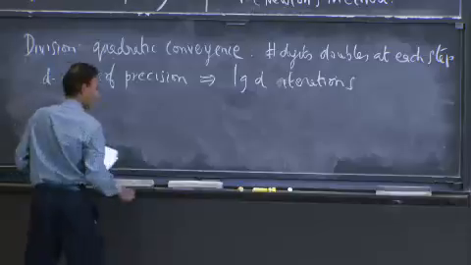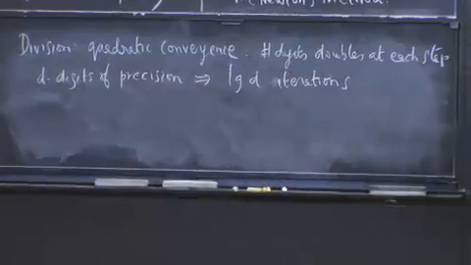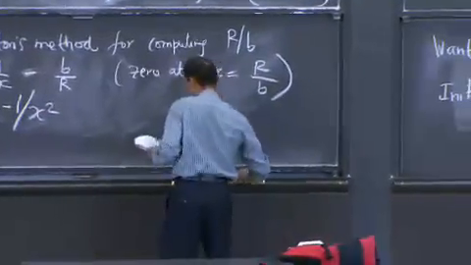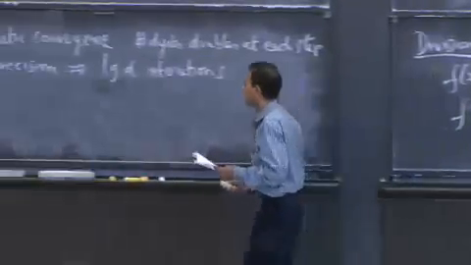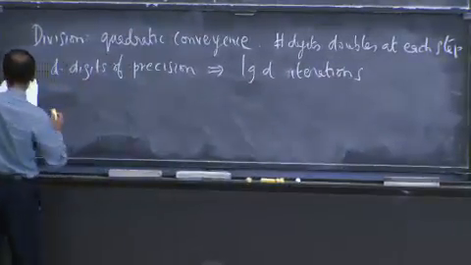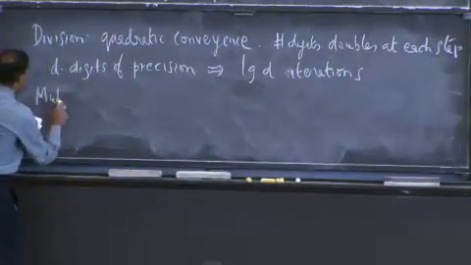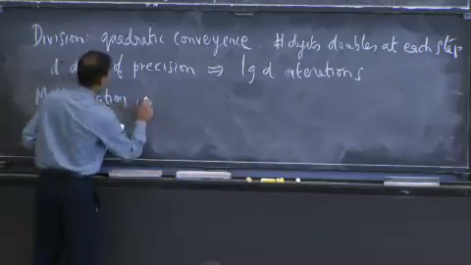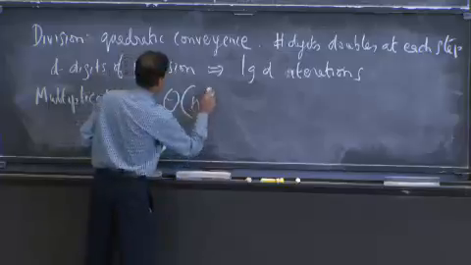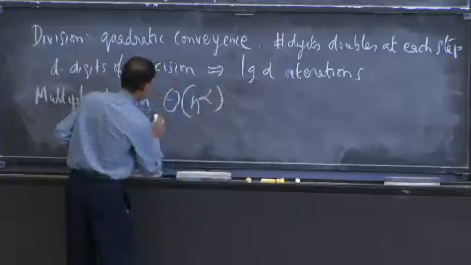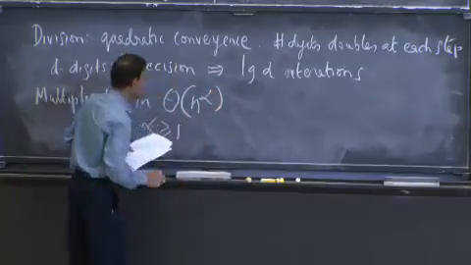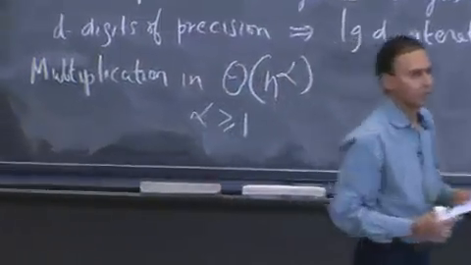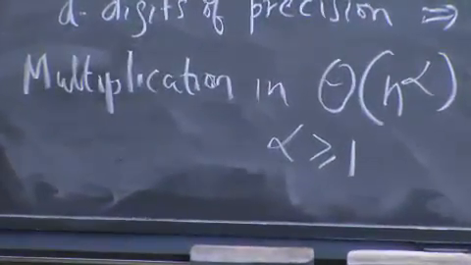Now let's say that we have a particular algorithm for multiplication, and since we have so many different algorithms, I'm going to say multiplication takes theta n raised to alpha time, where alpha is greater than or equal to 1. I just want to be general about it.